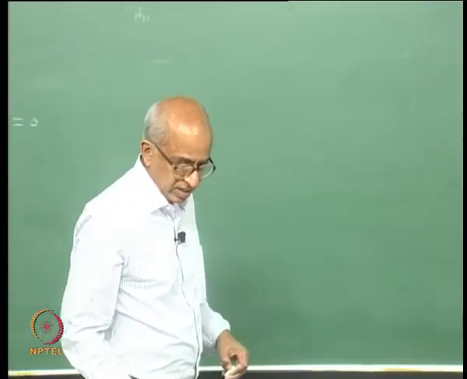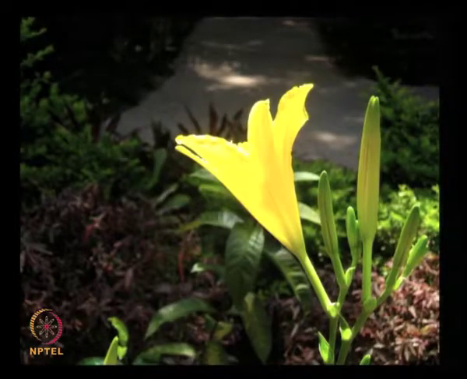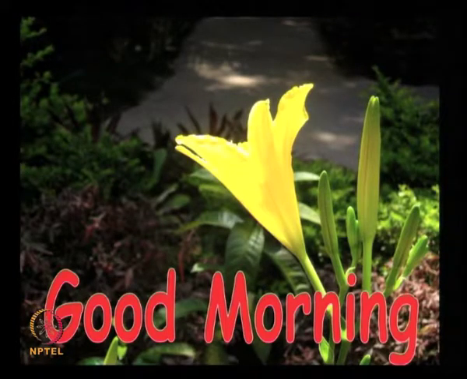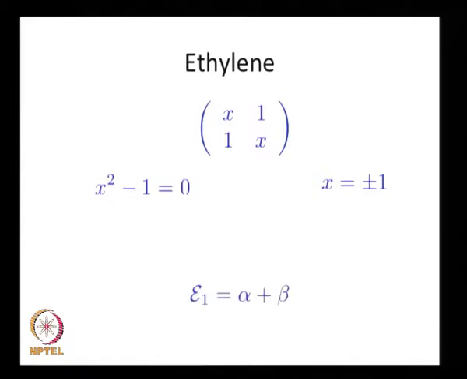Well, I will just show you my PowerPoint presentation on the things that I had been saying. Well, this has lots of information. First is ethylene, we have already discussed it, that is the Huckel matrix. X square minus 1 is equal to 0 is the determinant being put equal to 0, then x is equal to plus or minus 1.